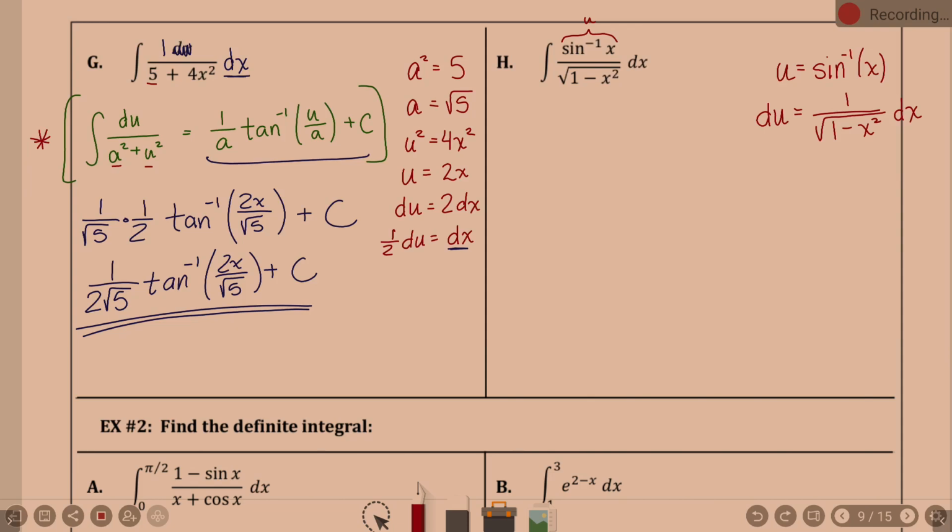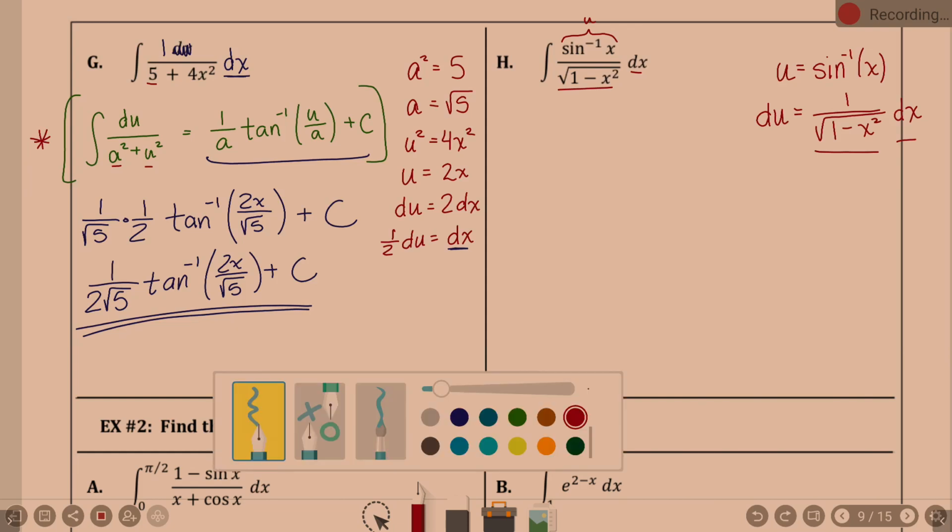I know it's first semester, but it's a good one to recognize: the derivative of sine inverse is 1 over the square root of 1 minus x squared. Now, with that in mind, if my numerator is u, what do you see here? There's dx and the square root of 1 minus x squared in the denominator. Does this match up? Yeah, it matches up.